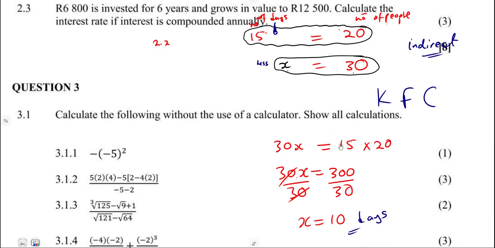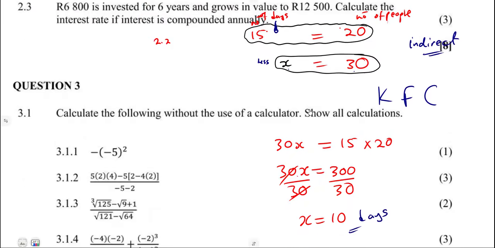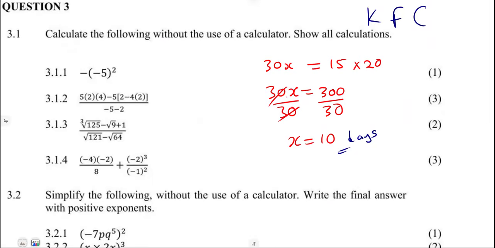So that's a food supply. This one, which is for 10 days, is going to last for 30 people. So that's less than what we saw before. If they are 20, they are going to need 15 days. So 10 days is less compared to what we had. So that's the condition. A food supply lasts how many days?